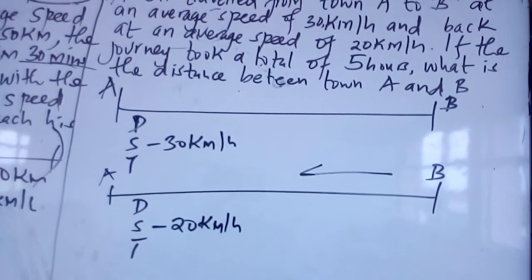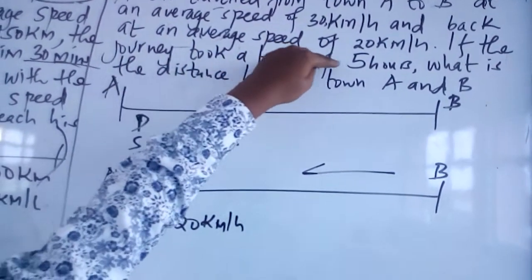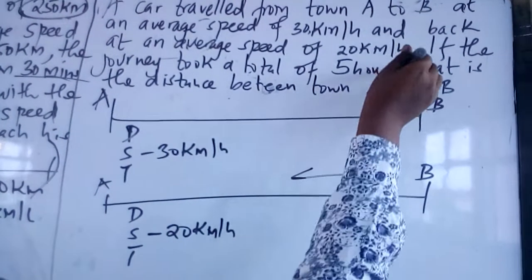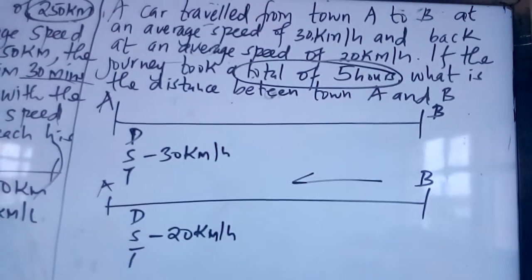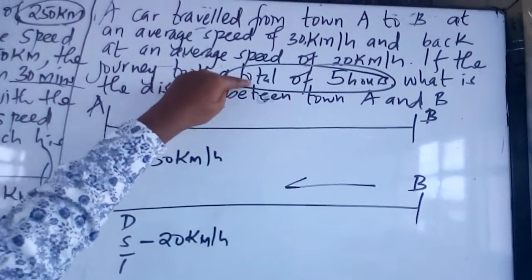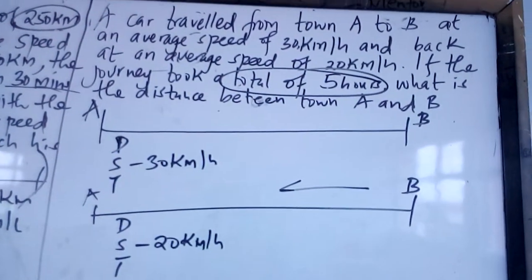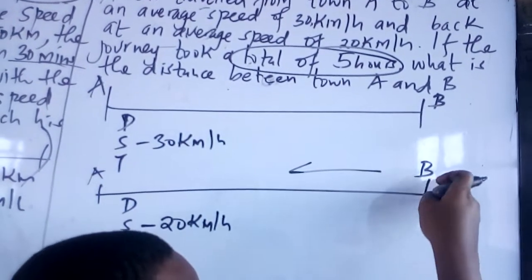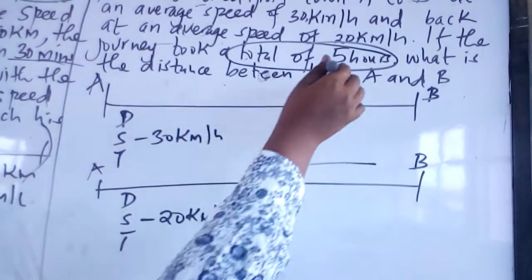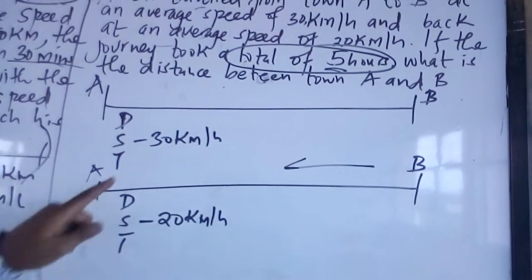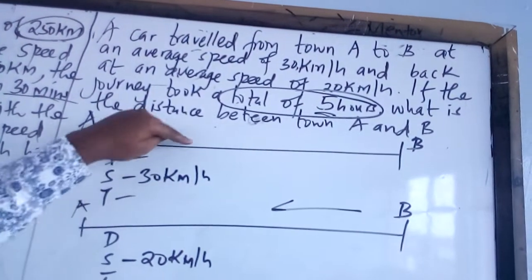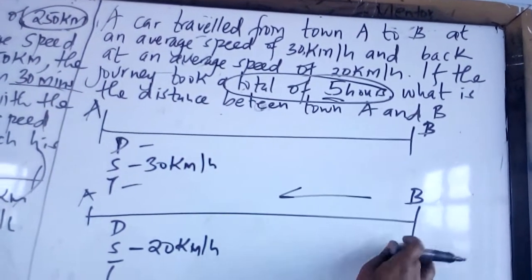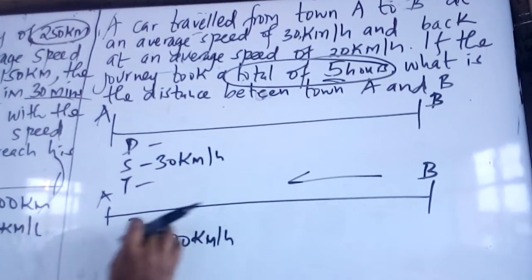What is the question? If the journey took a total of, note, there is a keyword given, took a total of 5 hours. It means you will take time from A to B and time from B to A, and we should get 5 hours. We don't have time for A to B and we don't have time from B to A.